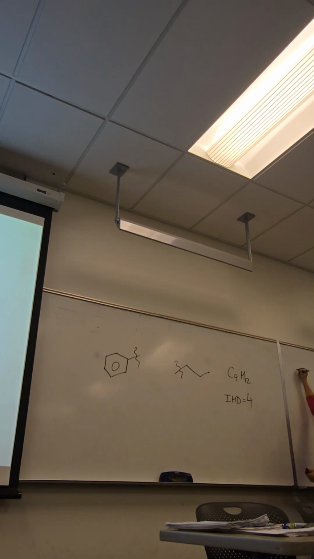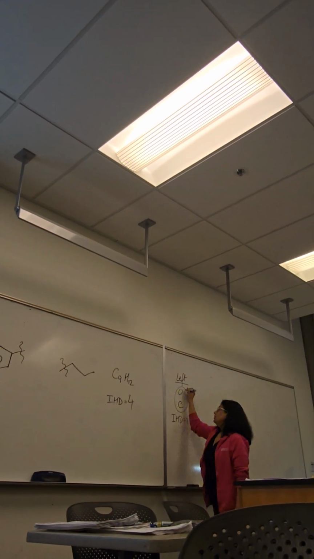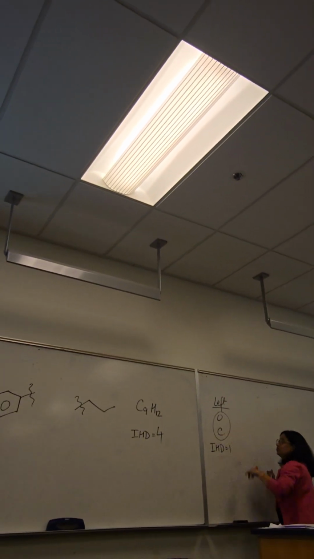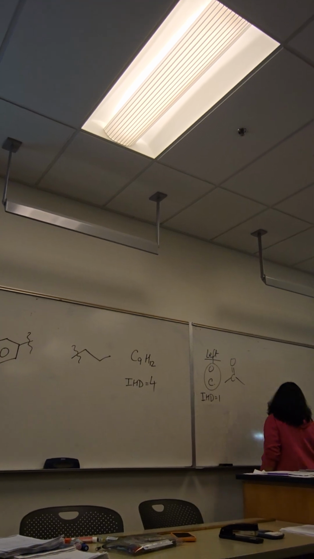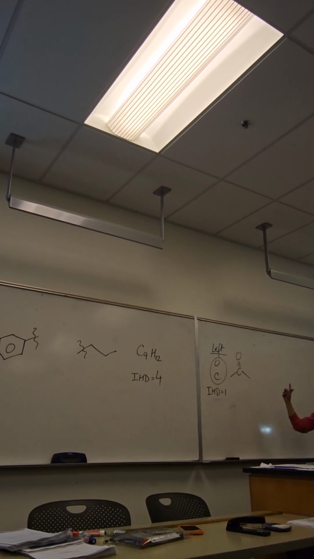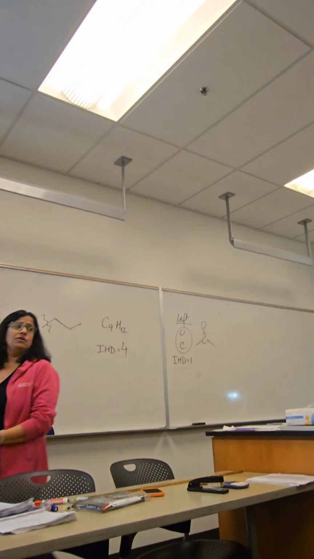Let's account for what's left. We have of course an oxygen, and a carbon. And one IHD is left also. You said double bond, how do you combine these into a double bond? Incredible. That's your 5th IHD. Everybody okay?